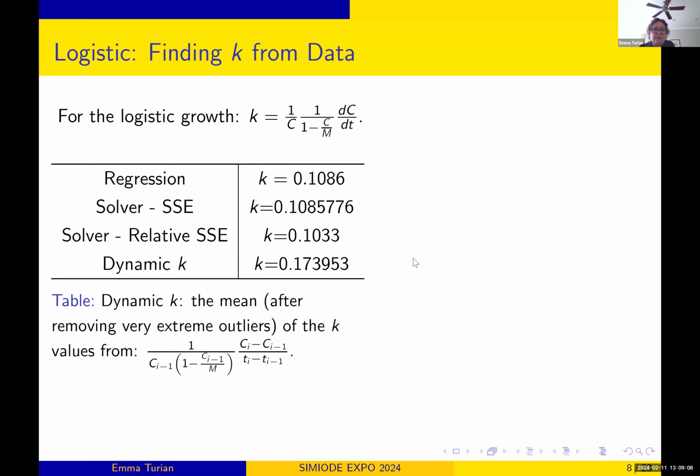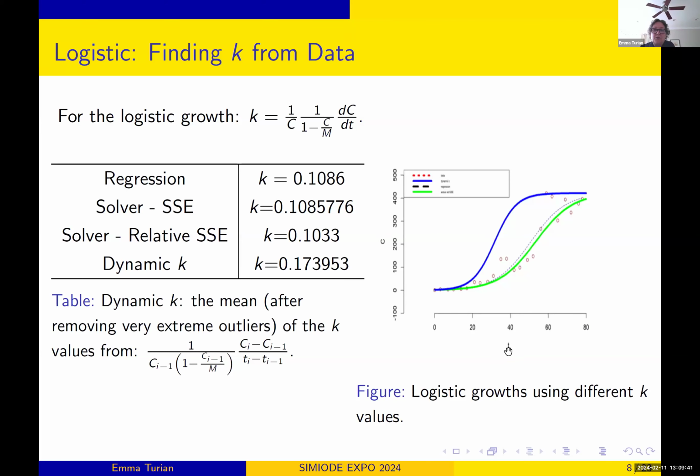So moving forward, we're trying to fit this model, the logistic model, to the data and to use, again, regression, the solver where we minimize the sum of square error, and the solver where we minimize the relative sum of square error. And again, we take the mean of this, what I'm calling the dynamic K. So the dynamic K is the highest among all the K values that were obtained in here. And the solution looks like this.